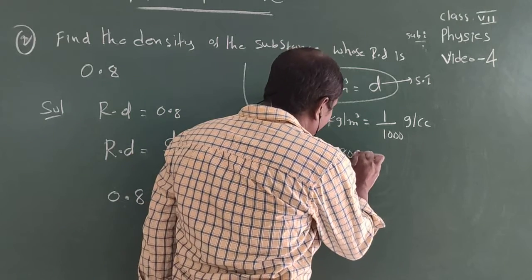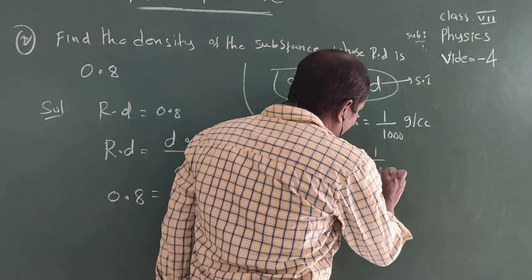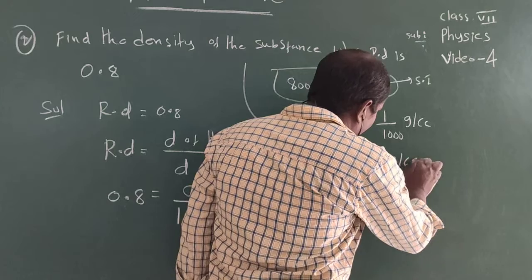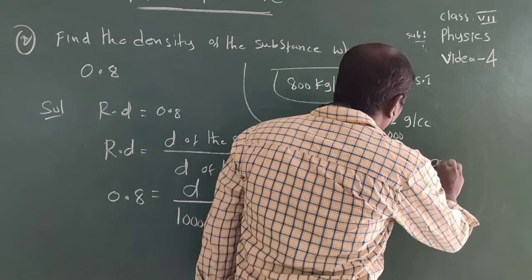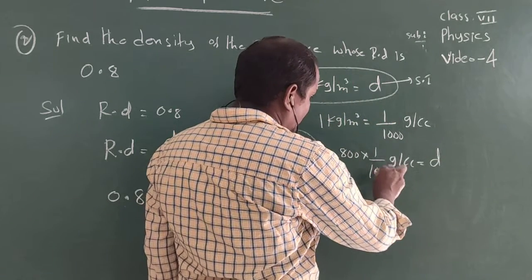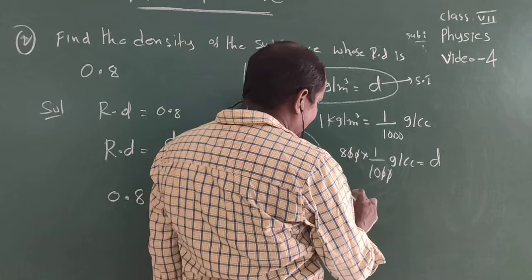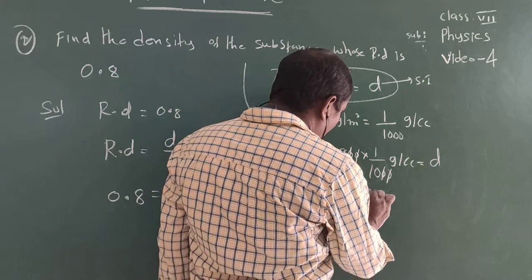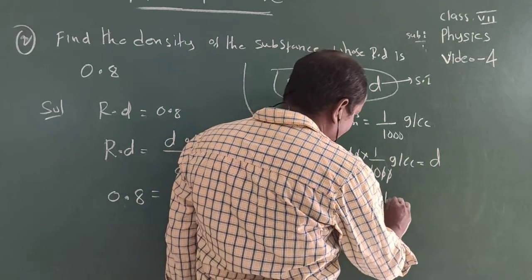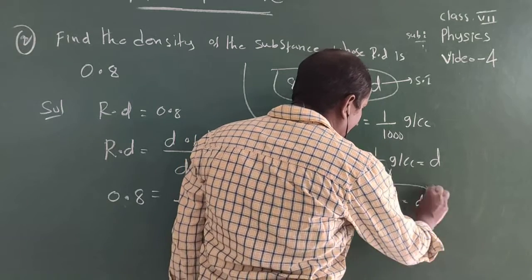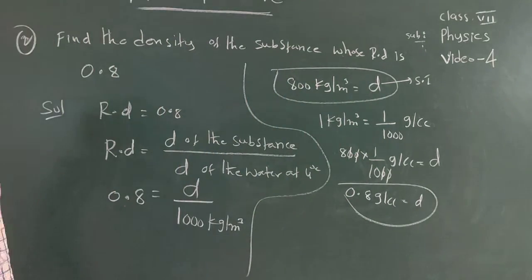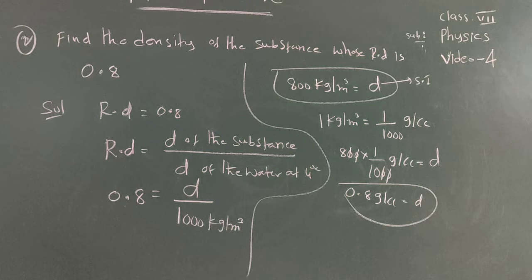So 800 into 1/1000 gram per cc equal to D. Zero gets cancelled, remaining 8/10, that equals 0.8 gram per cc. It is the density of the substance in CGS system.